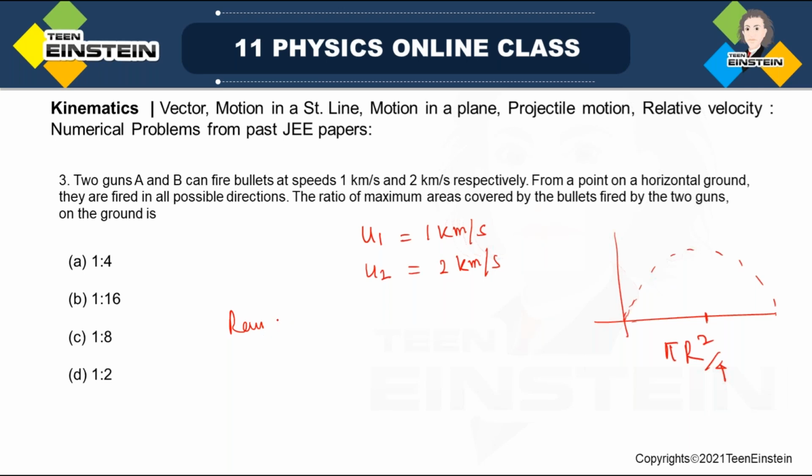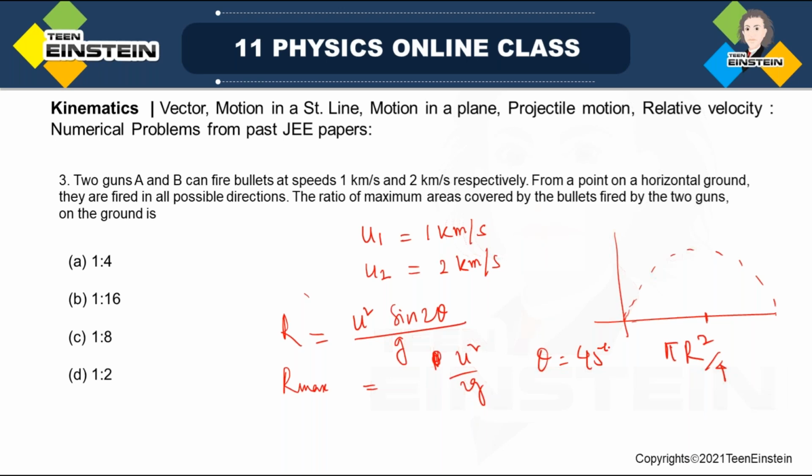R max will happen only when, we know R is equal to U square sine 2 theta divided by G. So range will be maximum, U square by G, only when theta is equal to 45 degree.